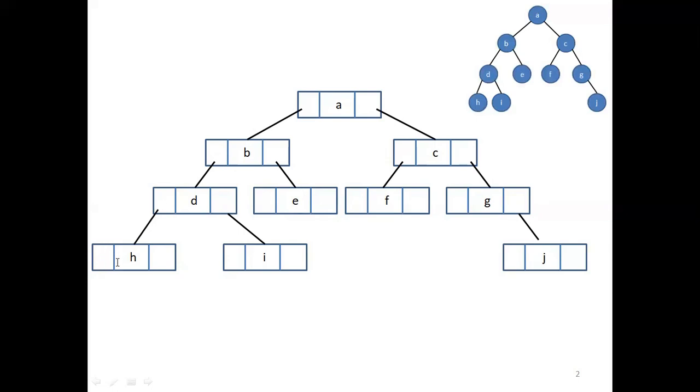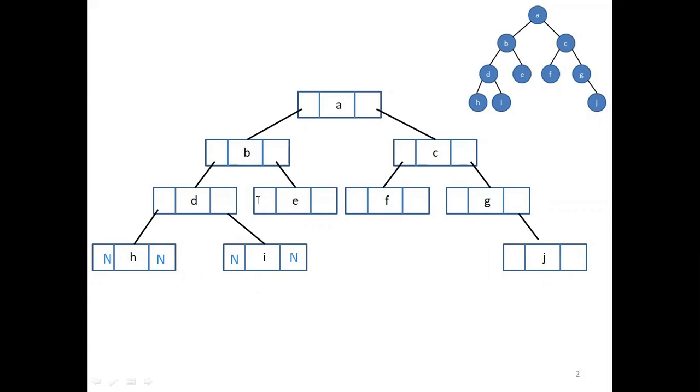But if you look at this node H, there is no left child attached to this node H. So definitely its left child is holding null. Similarly, it doesn't have any right child, so it is not storing any address of a right child. So again, the right child pointer field is holding null. Similarly, for node I, again it is null, and right is also null.